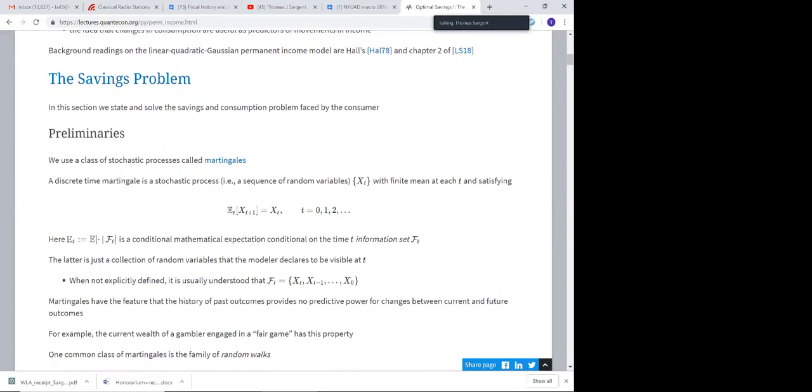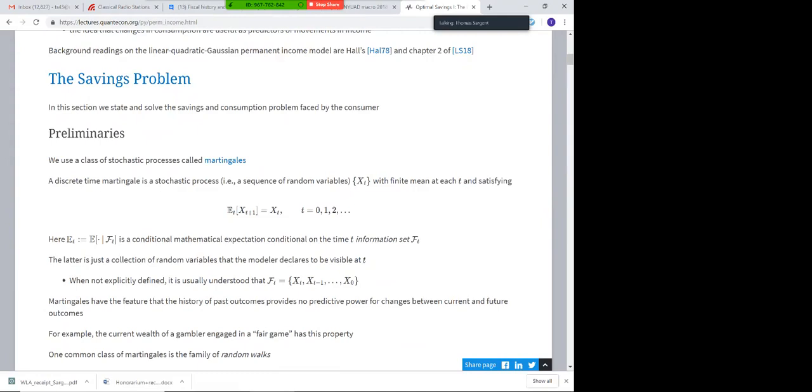A martingale is a stochastic process X that satisfies this condition: the conditional expectation of X at time t+1 is equal to x_t.